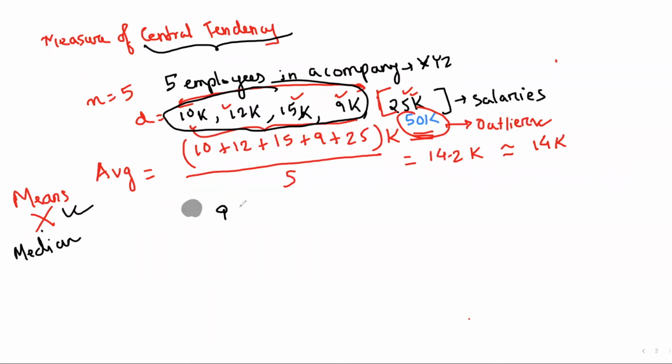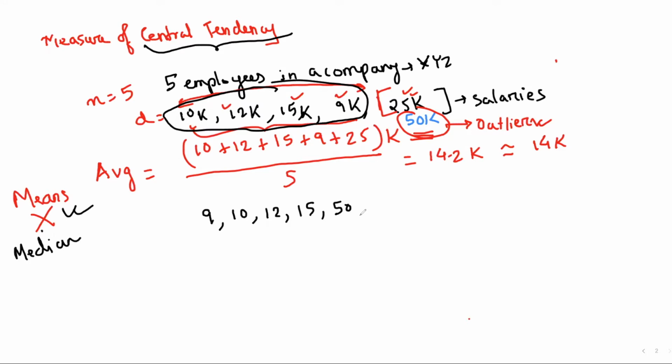So 9 plus 10 plus 12, sorry, it will not be plus. Let me erase this. So we'll arrange it first in the ascending order. So it will be 9, 10, 12, 15, and then 50.